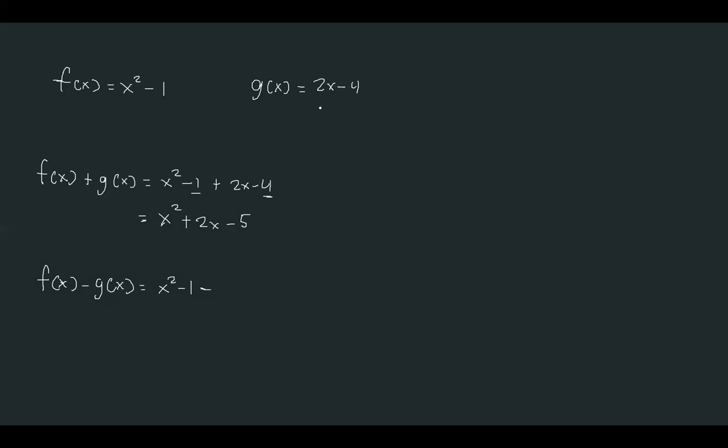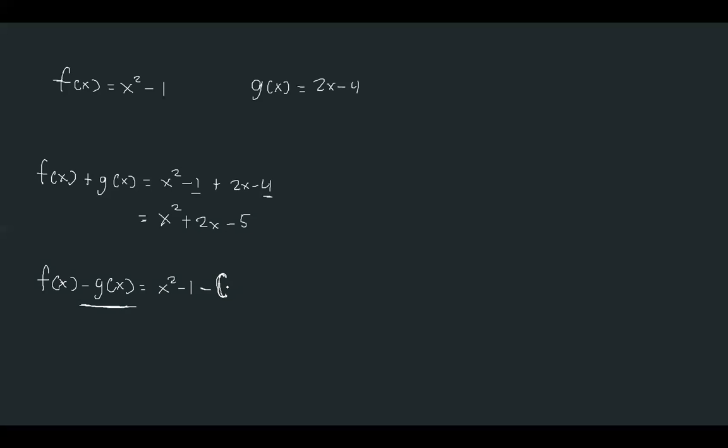We are substituting a function, so do not forget to put parentheses. If your function here is negative, then basically put parentheses. Put a parenthesis after the minus sign or the negative sign.